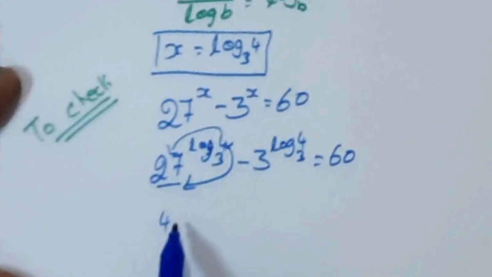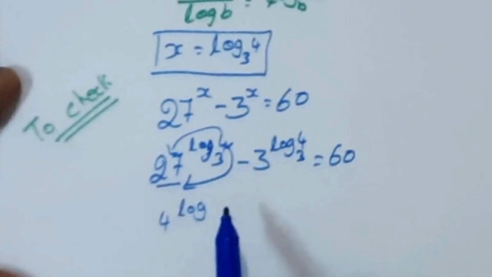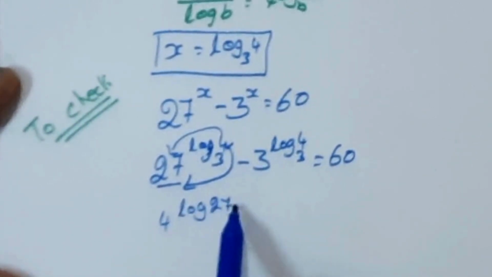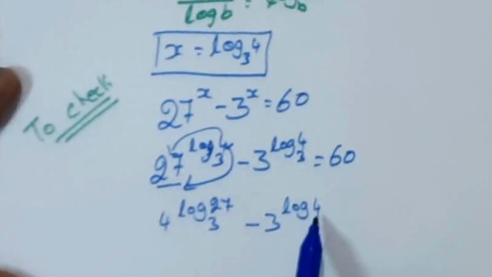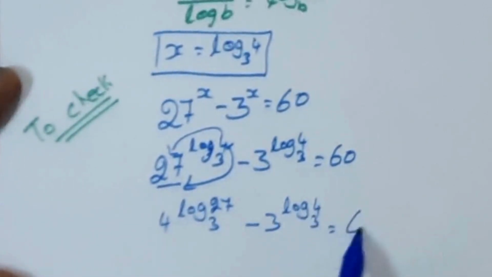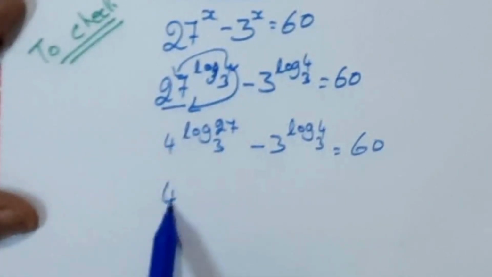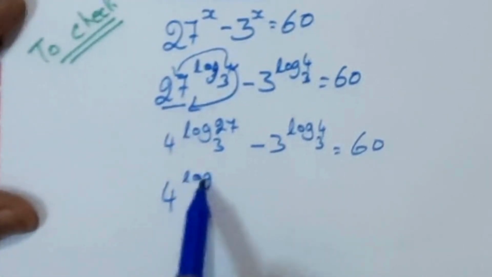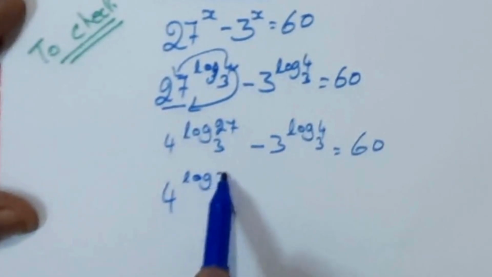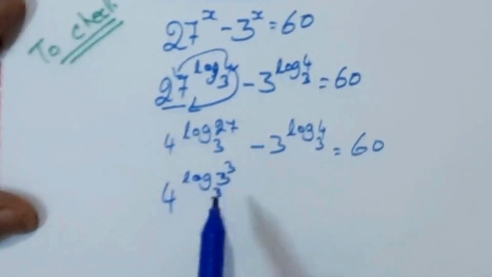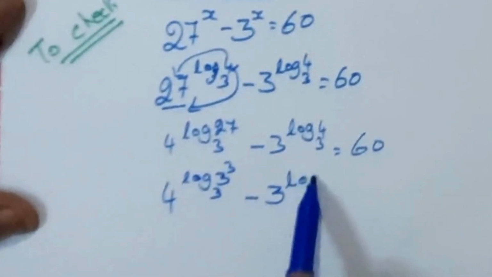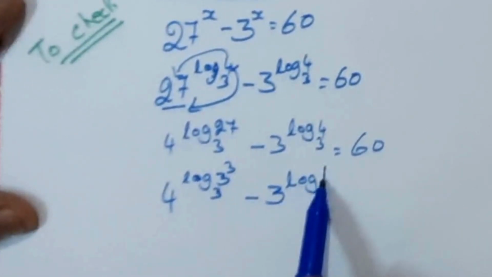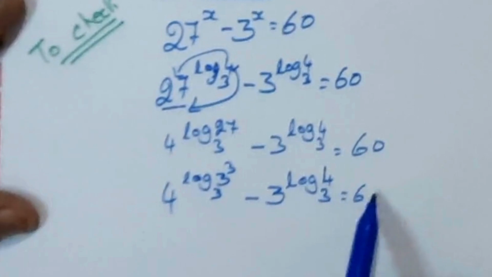So 4 to the power of log 27 base 3 minus 3 to the power of log 4 base 3 equal to 60. This 27 can be written as 3 to the power of 3, so 4 to the power of log 3 cubed base 3 minus 3 to the power of log 4 base 3 equal to 60.